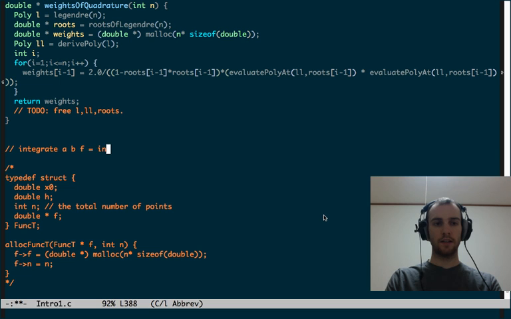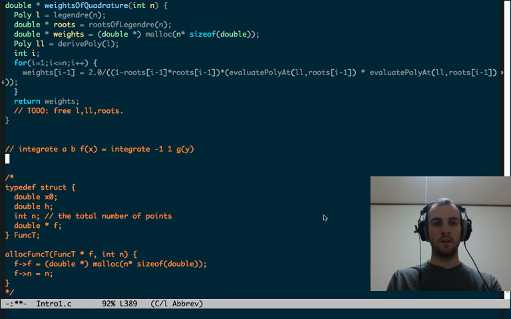I have to write it as the integral from -1 to +1 of a function g. We prefer writing it as f of x and g of y, or something. How do you do that?